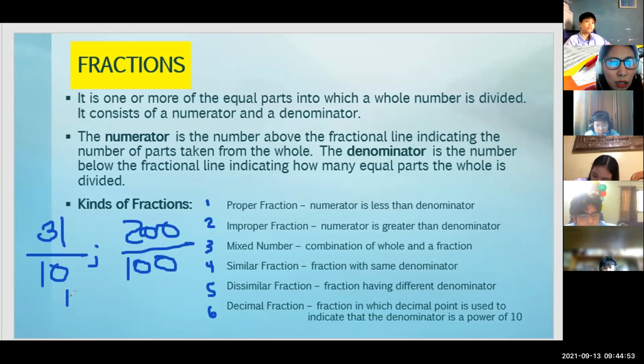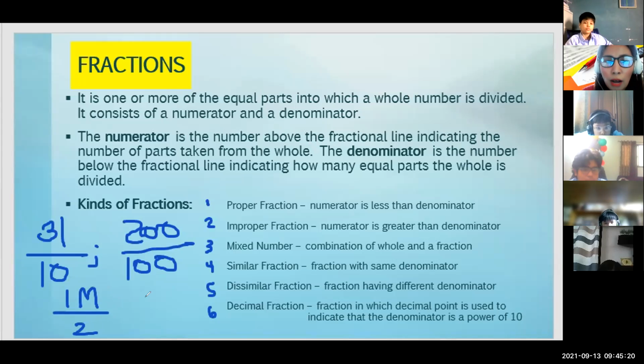Let's say 1,000,000/2. Another example of improper fraction, 1,000,000/2. Why is it called improper fraction? Because the numerator is greater than the denominator.